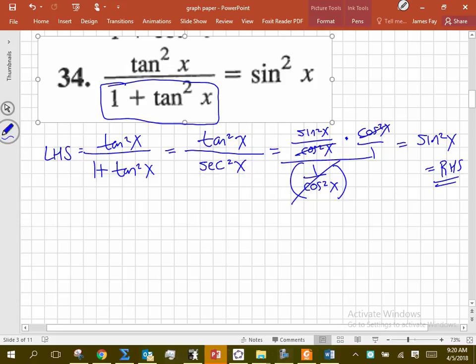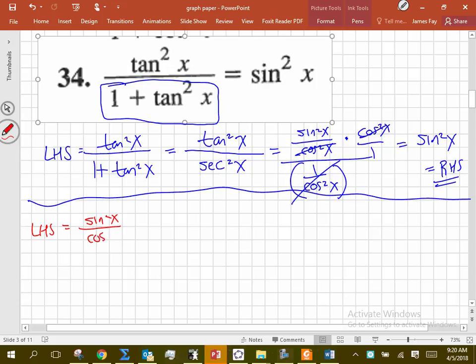Other things you could do, similar to what we did in the last one, if we start with our left-hand side, we maybe right away go sine squared over cosine squared. Some people like to do this, just change everything into sine squared and cosine squared.